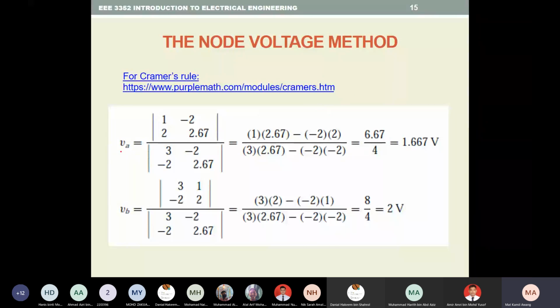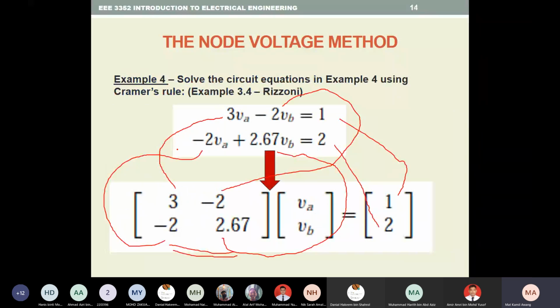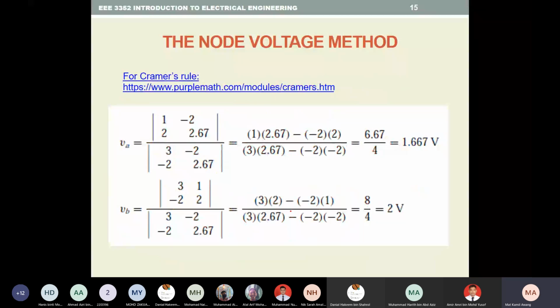So if you want to find VA, you take the determinant of the matrix where you replace the coefficient of VA with this.